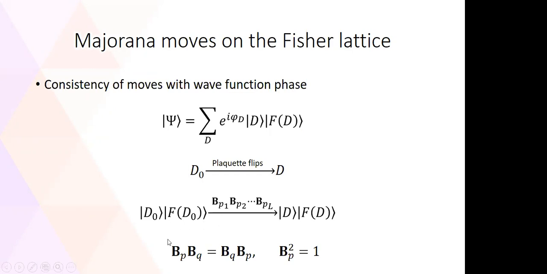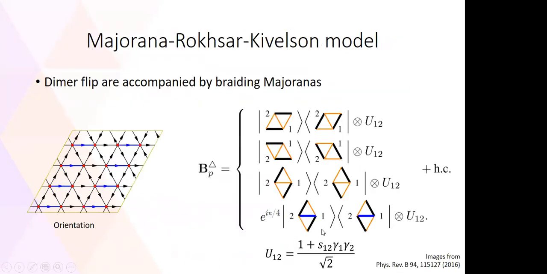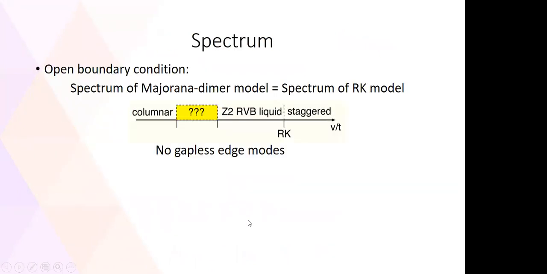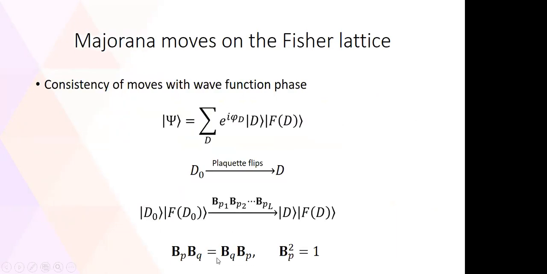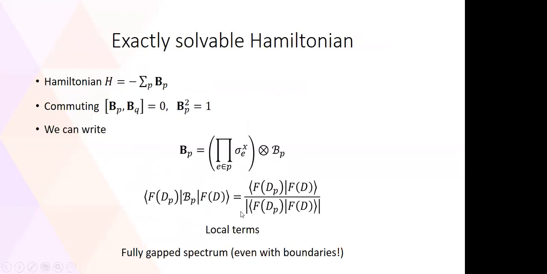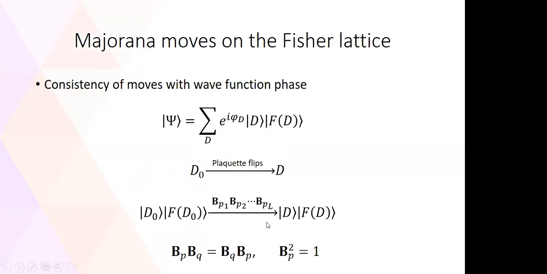For the triangular lattice, there is this e to the i pi over 4 phase, and such. So in general, for the Fisher or any other lattice, you want the different plaquette moves to commute.